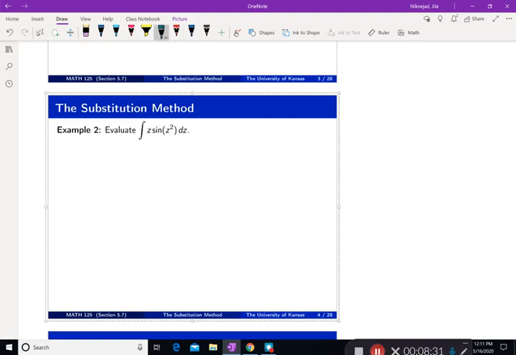So now I know sine of u is the derivative of basically negative cosine of u, and so it looks like over here that this should be the derivative of the outside function evaluated at the inside function. So that immediately tells me I should at least try to have u to be z squared.